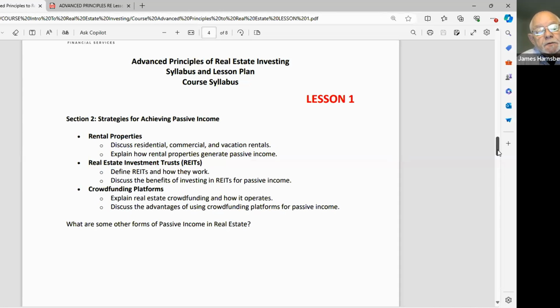There's some other forms of passive income in real estate. I did a couple of projects back 30 years ago, a couple of limited partnerships where we acquired some vacant lots and built duplexes. We had a template for this particular 3-bedroom, 2-bath duplex, 2-car garage, and we built a couple of those.